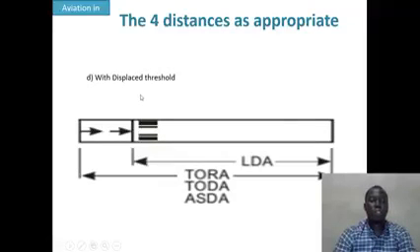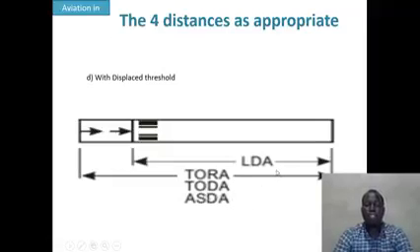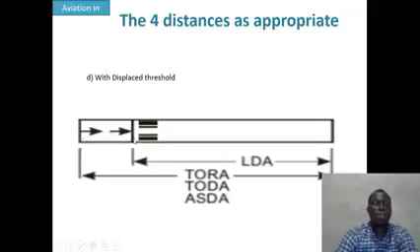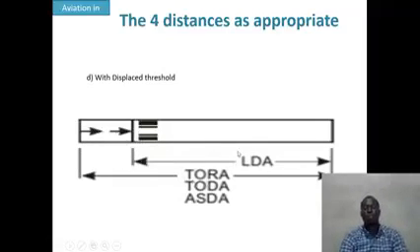When the threshold is displaced, we have the TORA, the TODA, and the ASDA that are the same, but the LDA will be impacted and reduced by the length the threshold is displaced. For example, if the threshold is displaced by 100 meters here, the LDA will be the TORA minus 100 meters.